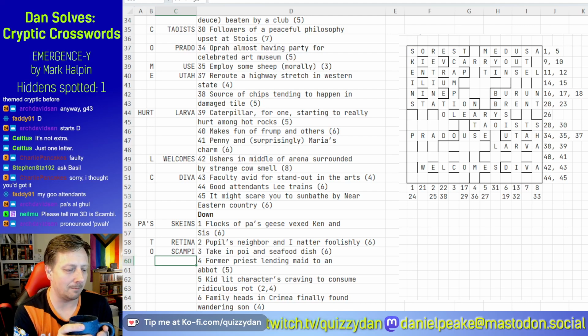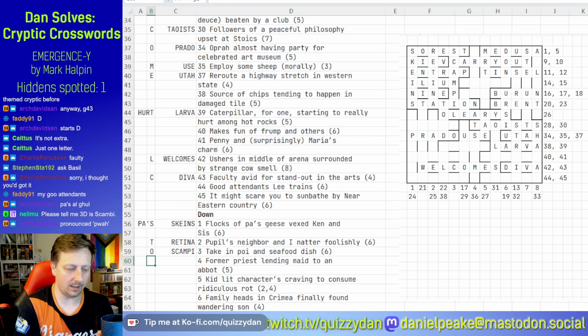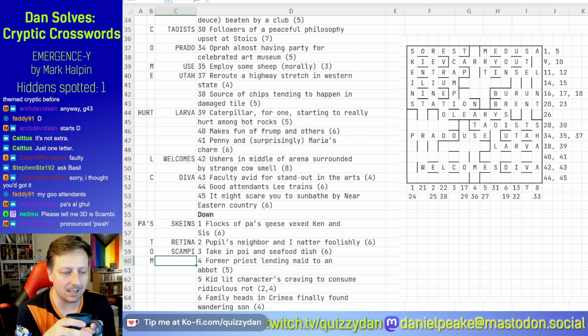Thankfully, it was not Scambi. It's got to be lending aid to an abbot, surely. It's not going to be lending maid. Former priest. Former is usually ex or old. Lending aid. So I want to take aid out of something, or help or something, to an abbot.